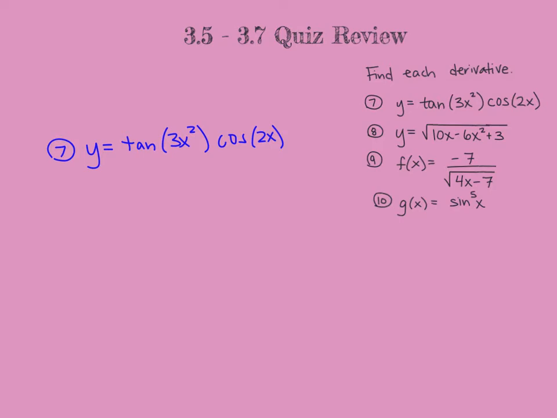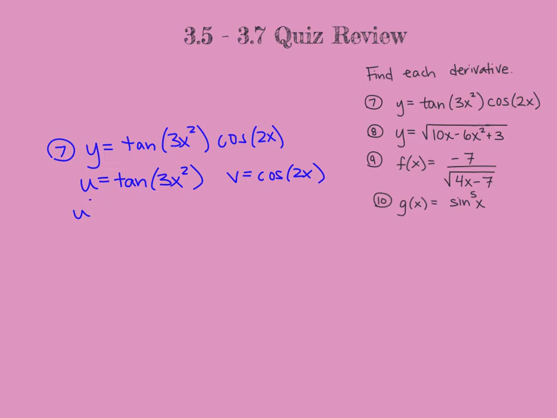We want to find the derivative of this product, and so that means we need to use the product rule. So our u can be the tangent of 3x squared, and then our v will be the cosine of 2x.